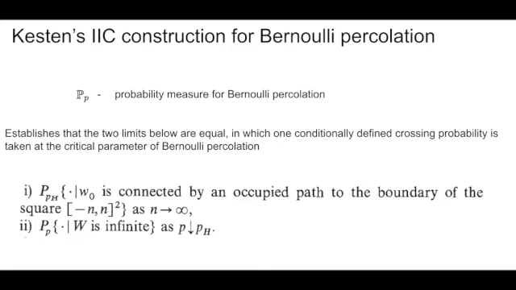So this is basically saying that if we look at the supercritically defined crossing probability, conditioned upon the fact that W is infinite, where W is some cluster, then if we take the limit as p approaches the critical point of Bernoulli percolation, the 2 items given in item 1 and 2 should be equal.